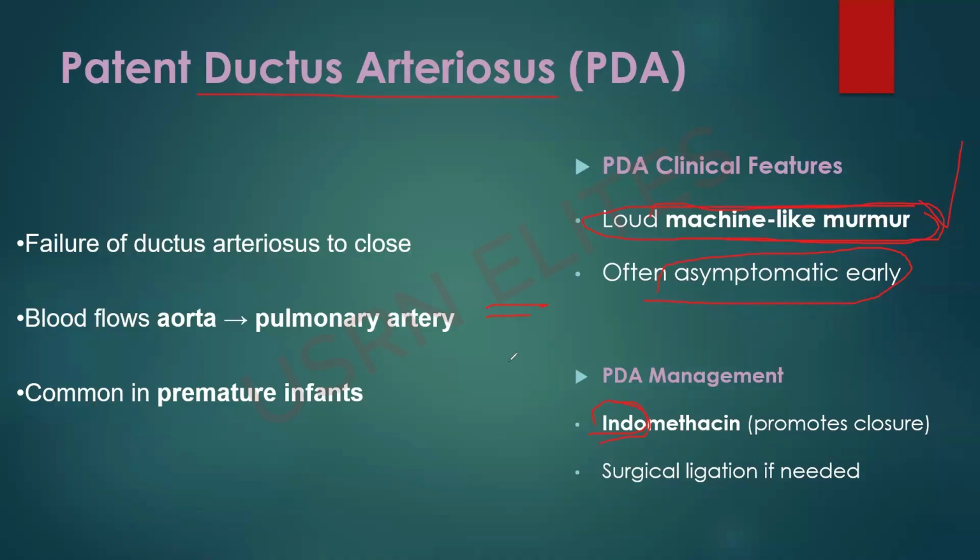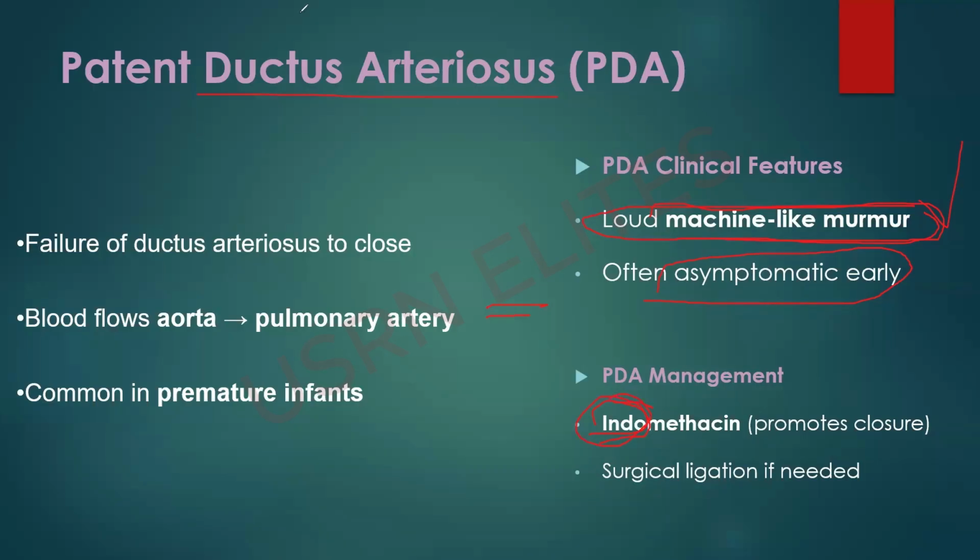The aorta and the, sorry, which part? Yeah, those two compartments, the aorta and the pulmonary artery. It can lead to blood flowing from the aorta to the pulmonary artery, right?